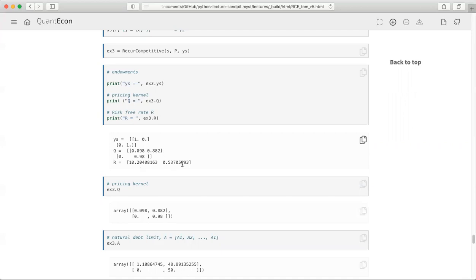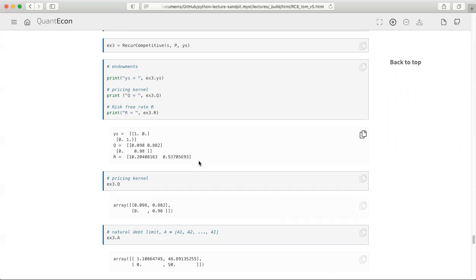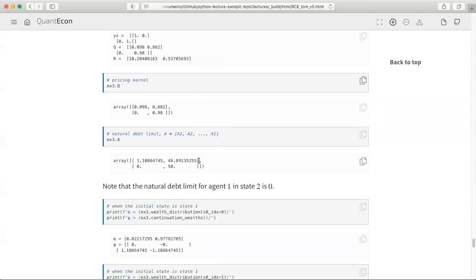Look at the risk-free rate. In state 0, it's really high. But once we get to this state, it's really low. You could ask yourself what's happening there. There's the natural debt limits. And this is kind of interesting.